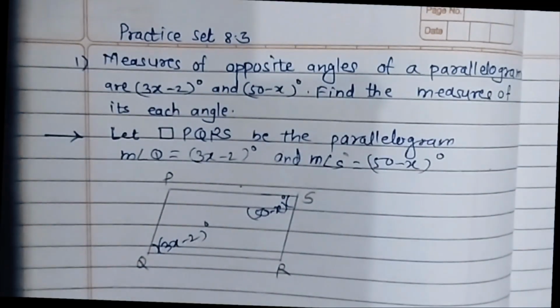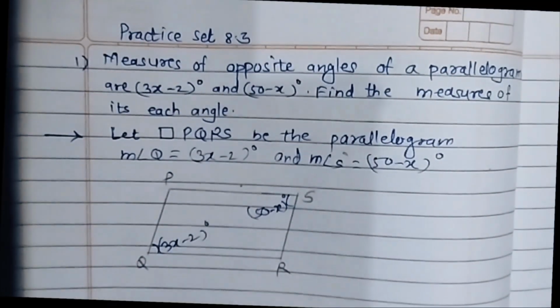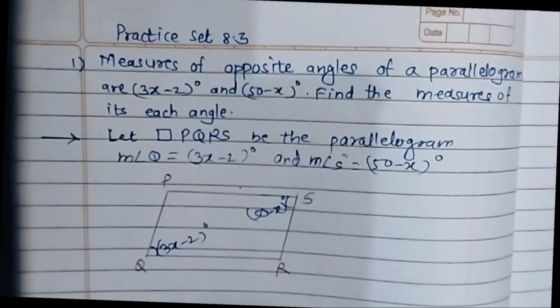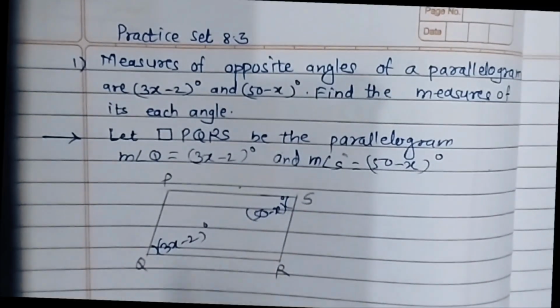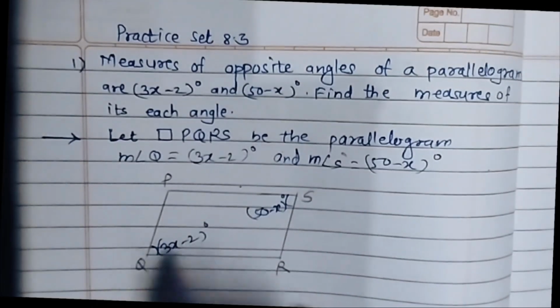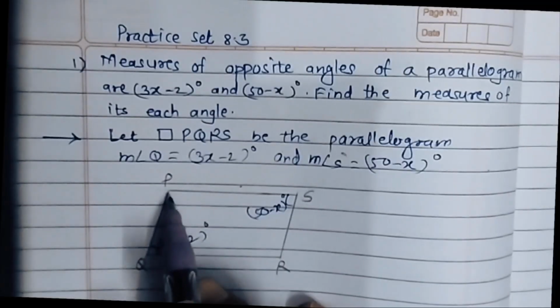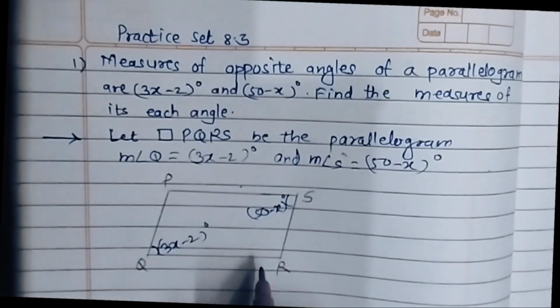We know the properties of parallelogram, that their opposite angles are congruent. Here angle Q and angle S are opposite angles, so they are congruent. Also angle P and angle R are also congruent.